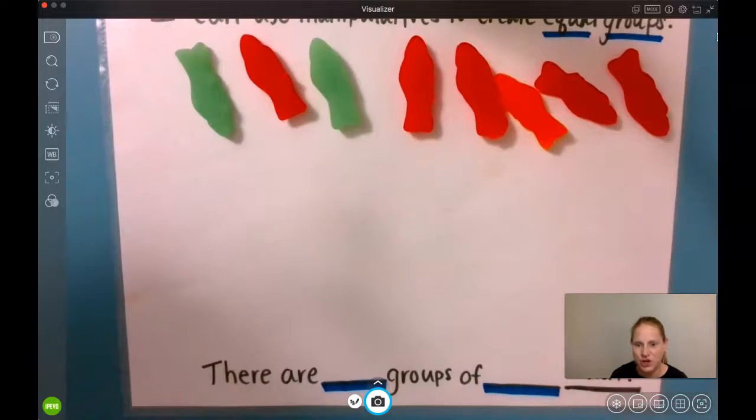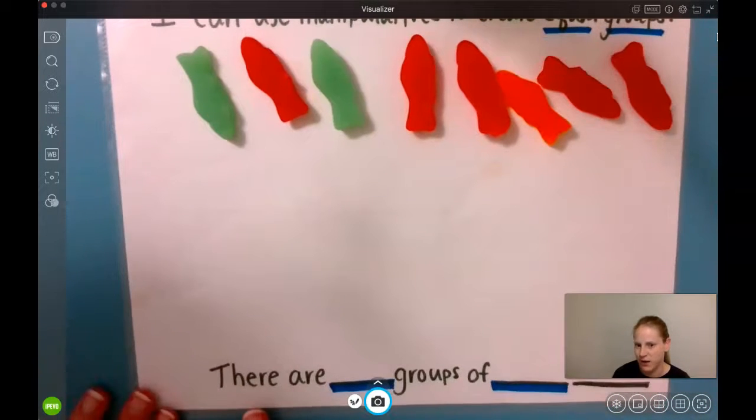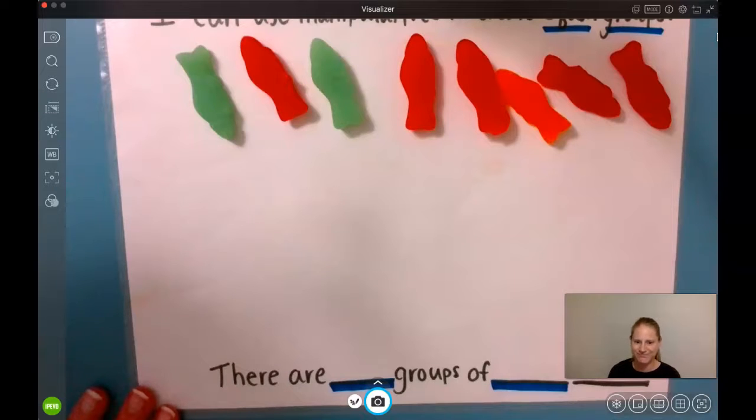Share your answer with us and use this sentence frame. There are blank groups of blank, and you can say counters or whatever you have. How many groups of 2 are there? Great job. There are 4 groups of 2 counters.